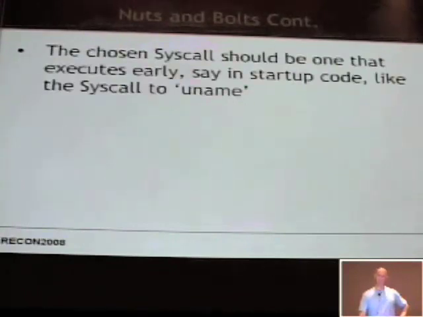And what's interesting about the uname, or anything in the startup code, is that once execution has hit the syscall that you've hooked, all the code above it is really slack space at that point, right? Because it's never going to get executed again, at least not in startup code, because the entry point has already happened and it's gone down a little bit. And for what we're doing for our handler code, we only need around 20 bytes. So it's a very, very small footprint.